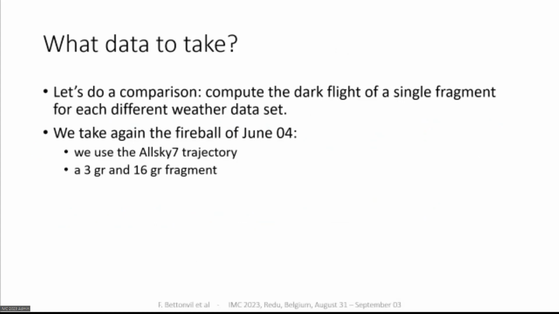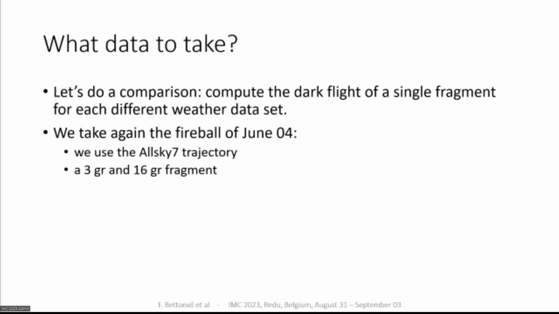So that triggers a nice computing example. Compute a dark flight for a single fragment, and use the different weather data sets and just see what happens. I used again the 4th of June fireball.